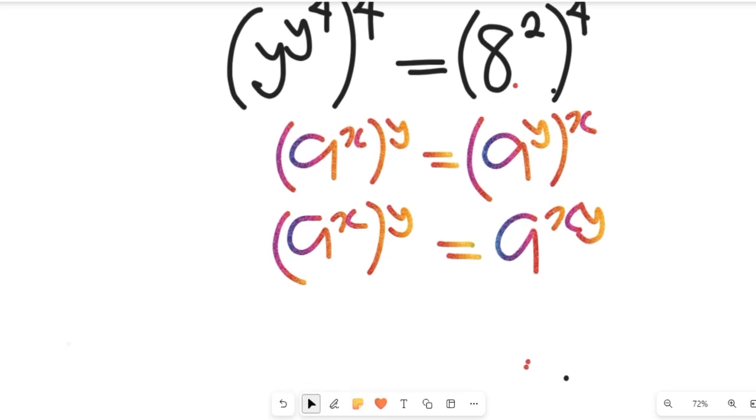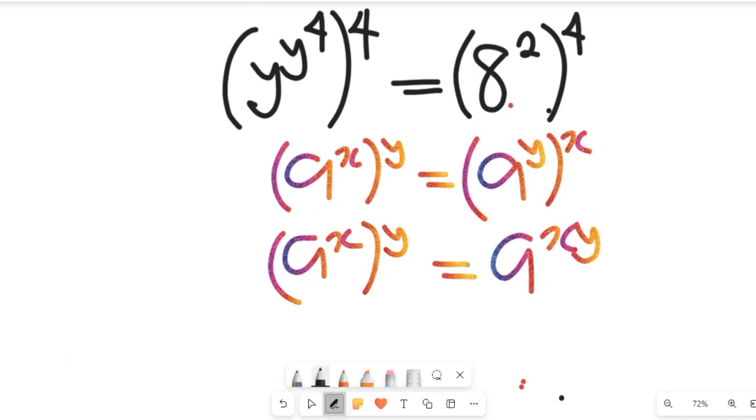Now let's get started. To use the first law, you will see that this power will now come to be with y, and this whole expression will go out of the bracket.